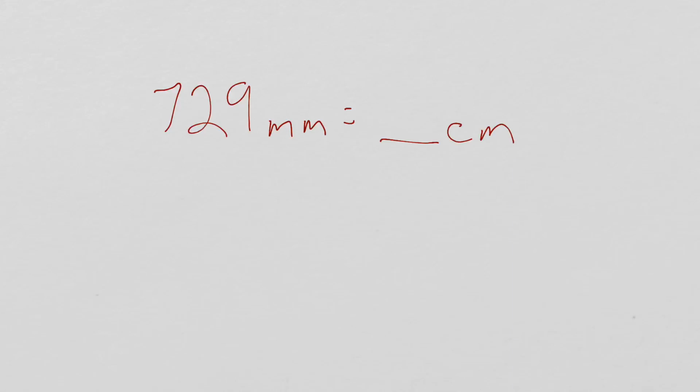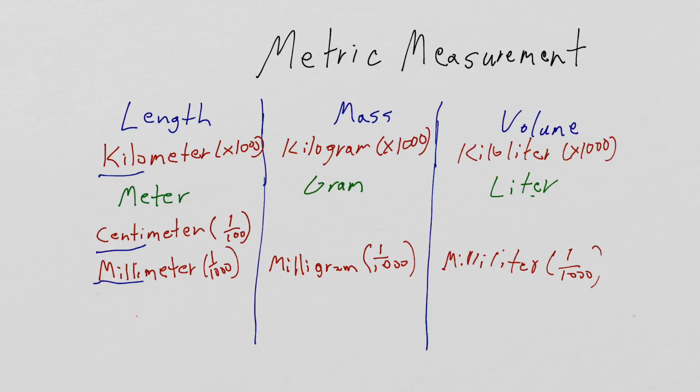So to figure this one out, let's go back to our chart right here. So again, the first thing we gotta figure out is, are we multiplying or are we dividing? Well, we're starting with millimeters and we are turning it into centimeters.